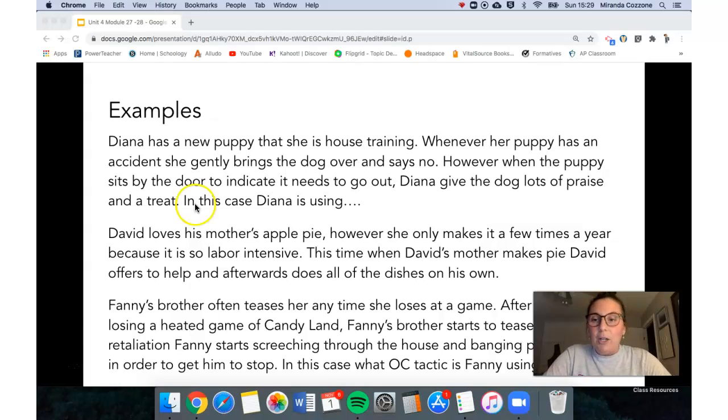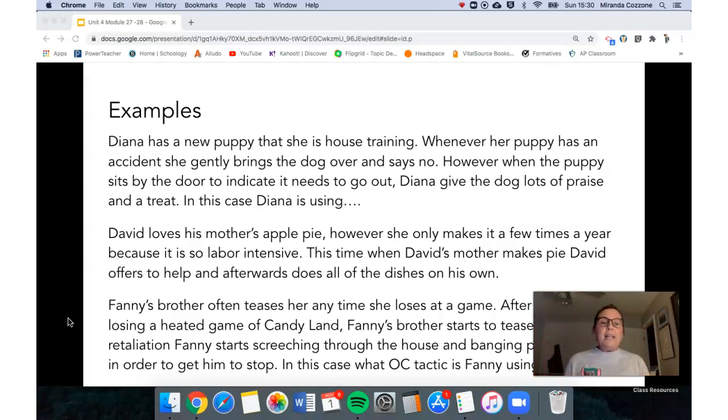Let's take a look at this. You might think that David is adding something to himself, but David is actually trying to manipulate the behavior of his mom so that she'll make more pies. What David has done is remove something that his mom probably doesn't want to do, because making these pies is just so much work.